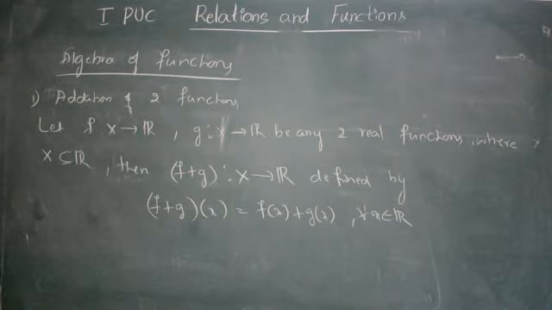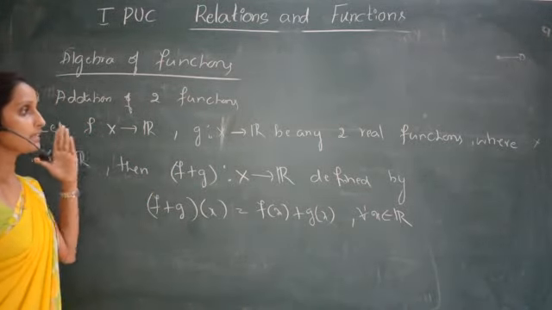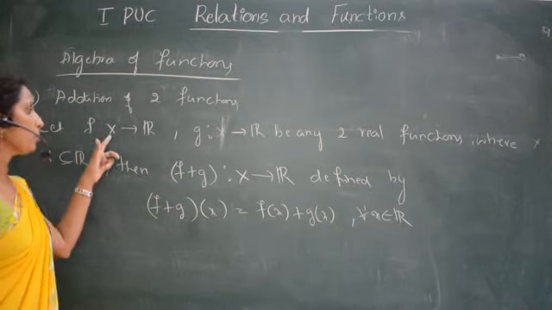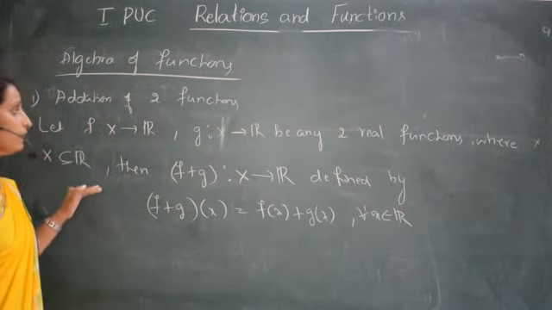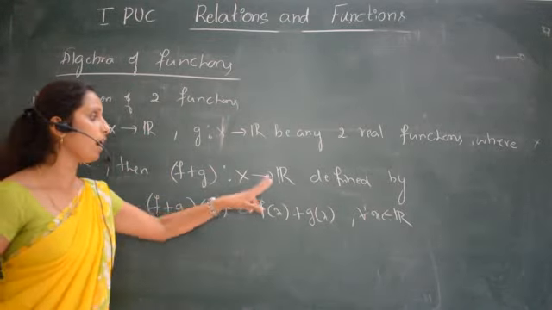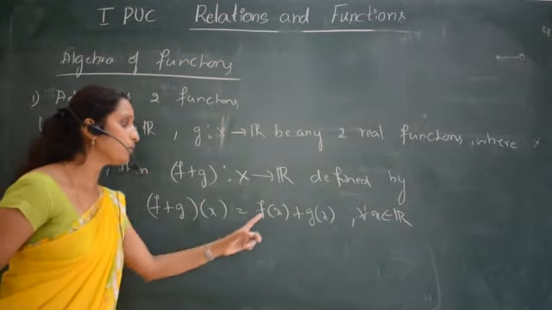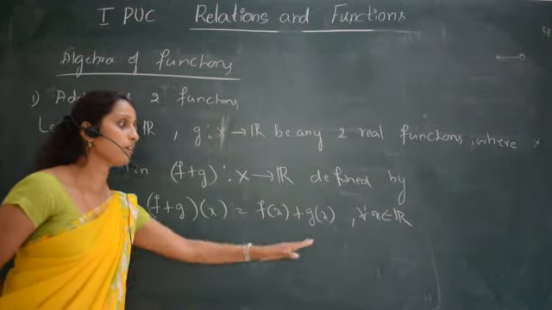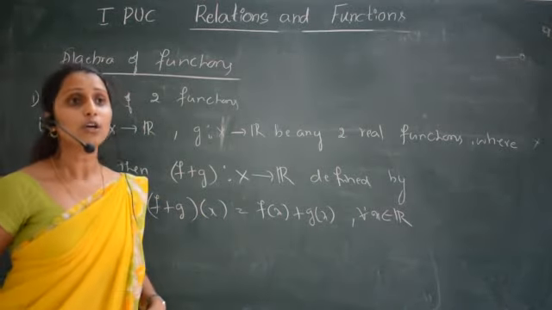So two functions f and g are real functions if they are defined from the same domain to the set of real numbers. Since the domain x is a subset of r, it is called a real function. Then f plus g is also a function from the same domain to r, defined by f plus g of x equal to f of x plus g of x. So this way we can add two functions.